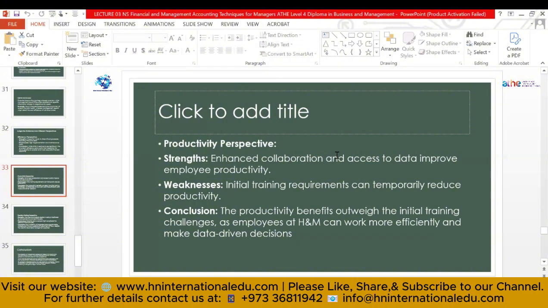The productivity benefits outweigh the initial training challenges, such that employees at H&M can work more efficiently and make data-driven decisions. That is why they do the trainings in these organizations. The reason is simple. They are investing in them, which is used by them again in the future. Whatever the amount you are investing in them, it is doubled and tripled by them at the end of the time.